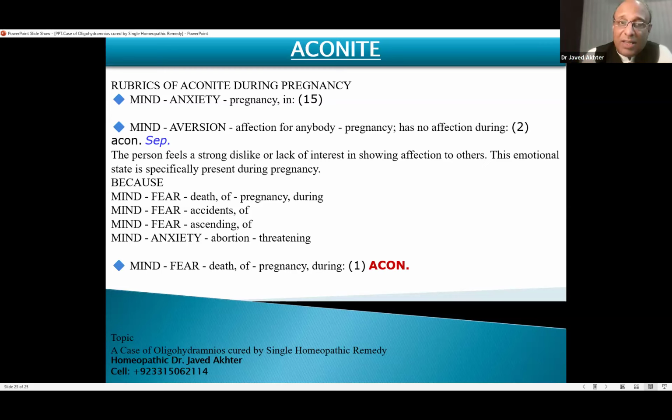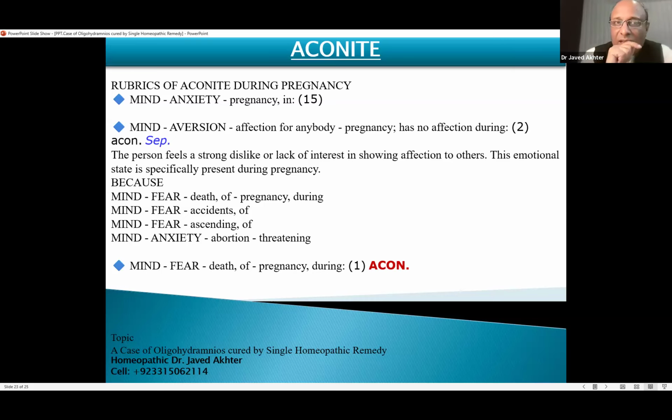Another rubric is fear of a previous mishap. This is the main reason why the patient has no interest in affection toward others, especially her husband.